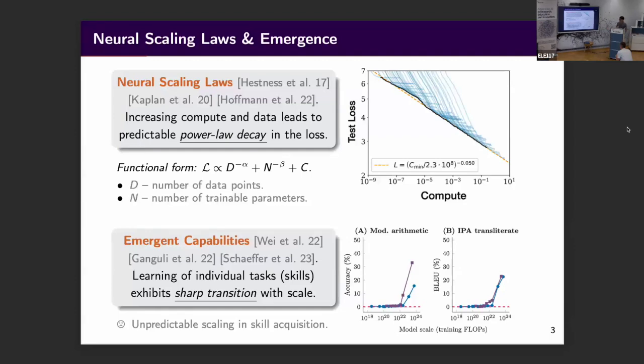You do not see smooth change with scale. Instead, it seems that the model suddenly picks up a capability at certain scales. This is referred to as emergent capabilities. This is less predictable, and looks very different from the smooth power law decay in the overall pre-training loss.